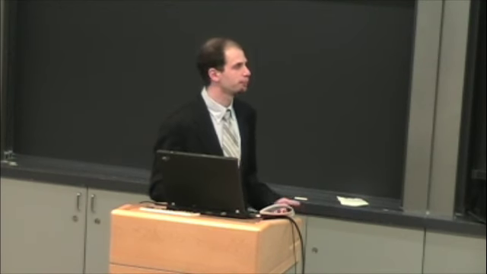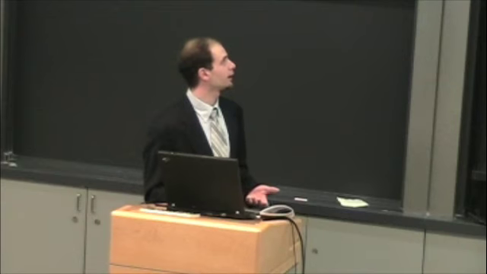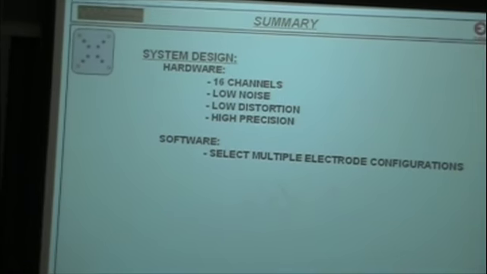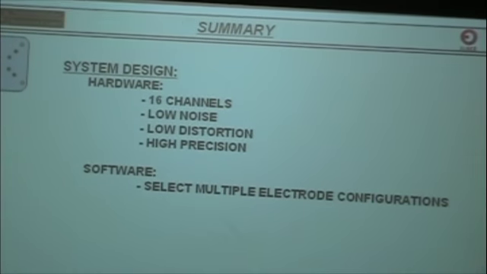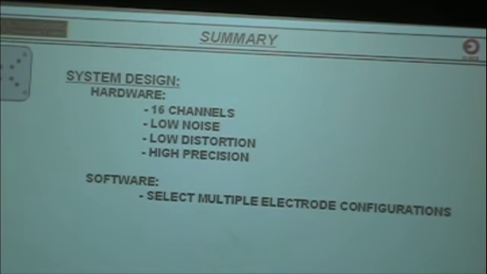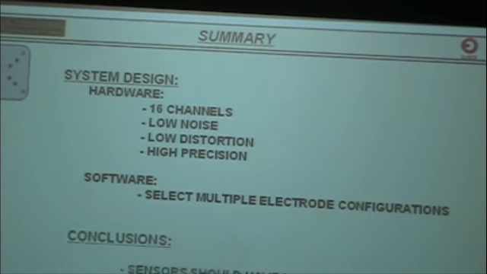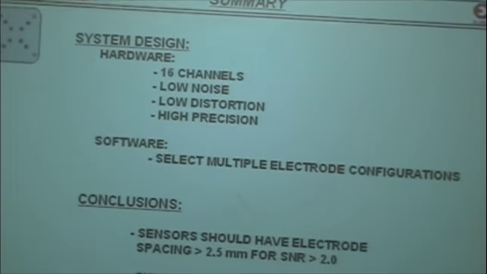So, in summary, I designed hardware that acquired data from 16 electrodes and was able to acquire low noise, low distortion, and high precision signals, and software which was able to select from multiple configurations of the sensor. And by doing this, I was able to compare different sensor configurations.